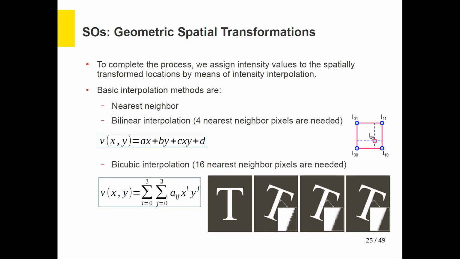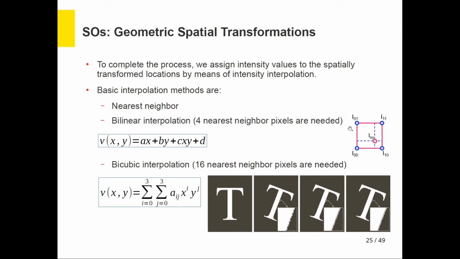The three basic ones are the nearest neighbor, the bilinear interpolation, and the bicubic interpolation. The nearest neighbor is the most straightforward one, for which the intensity value for any pixel that we want to interpolate is replicated by finding the closest pixel to it in the original grid.